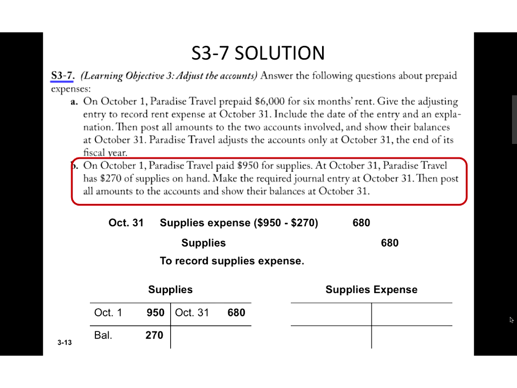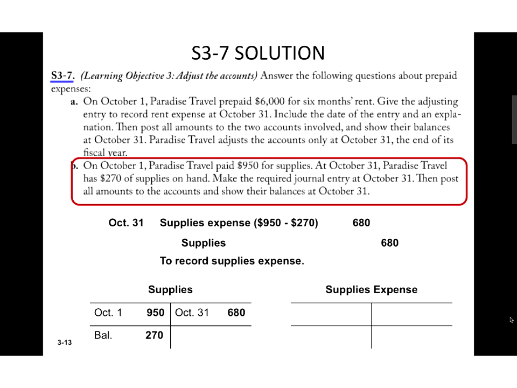And so October 31st, when we draw a balance in that account, we would have the $950 we started with, the 680 we used. The difference is 270. That's what we have on hand at the end of the period, and that is the value of that supplies asset. So that is listed. Our new balance of supplies, the new asset balance, is $270.